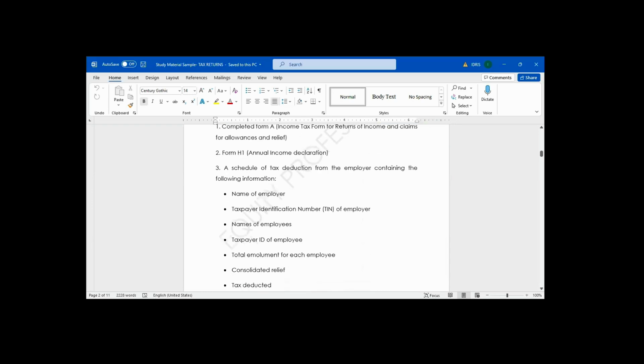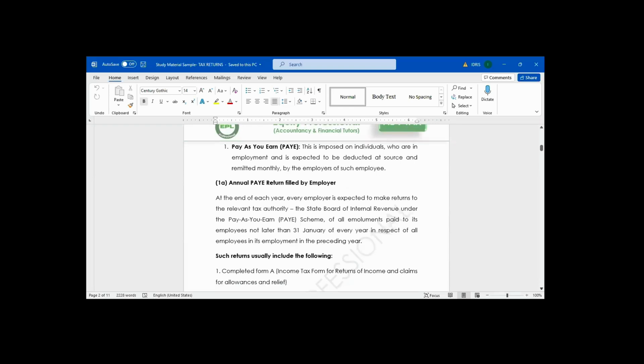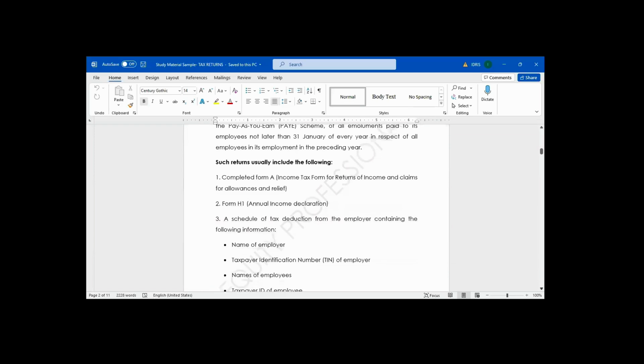Now, what are the contents of this annual PAYE return? The contents of the PAYE return filed by 31st of January. Number one, completed Form A. That completed Form A means income tax return of income and claim for allowance.